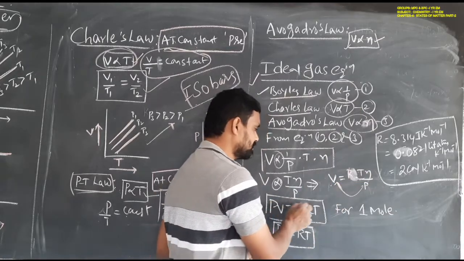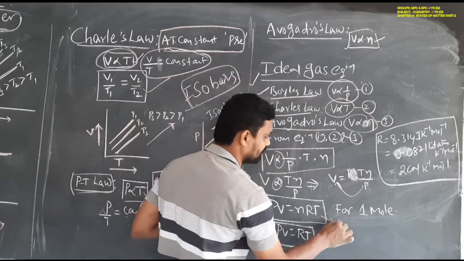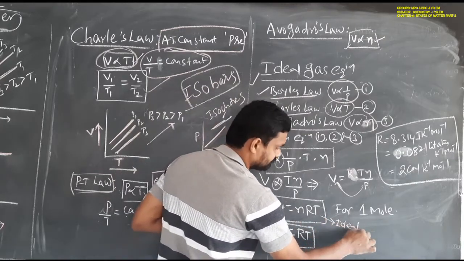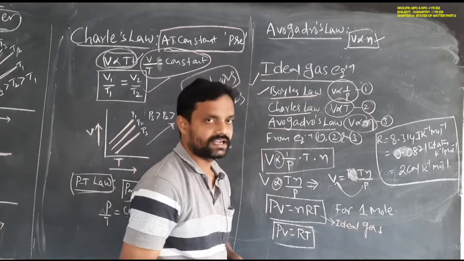So PV equals nRT. This is the ideal gas equation.